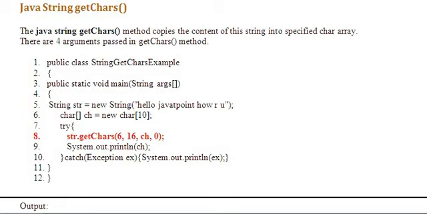The specified number of characters of the string are copied to the character array ch from position 0, ch comma 0. So 6 comma 16, check out the positions of the string str, and those characters are copied to array ch from the first position, comma 0. So while practicing, you just make some changes and notice the output.